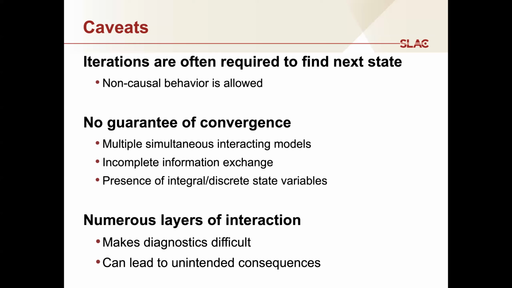And so it's not unusual to find in the development of a model that you create a situation that doesn't work, because in reality, that's not how things would actually turn out. So this means that there's really no guarantee of convergence. That lack of guarantee is always a potential pitfall in a Gridlab-d model.